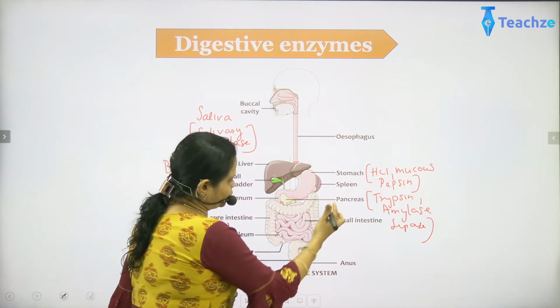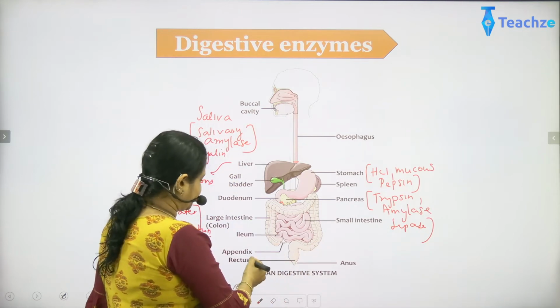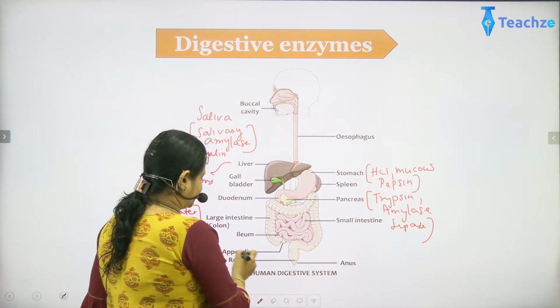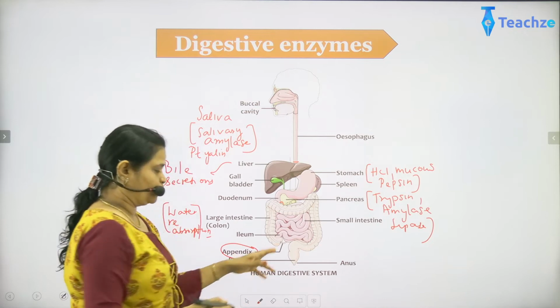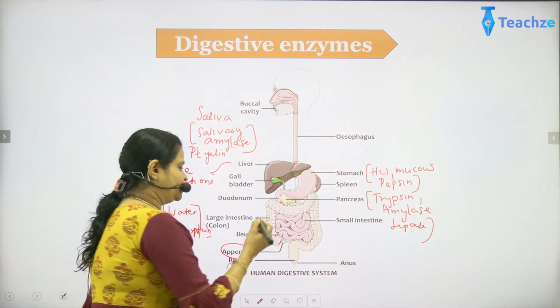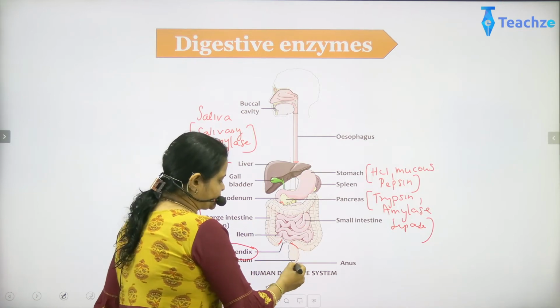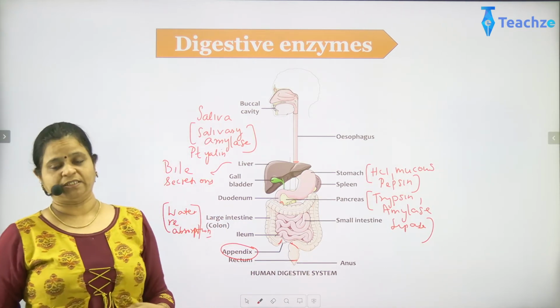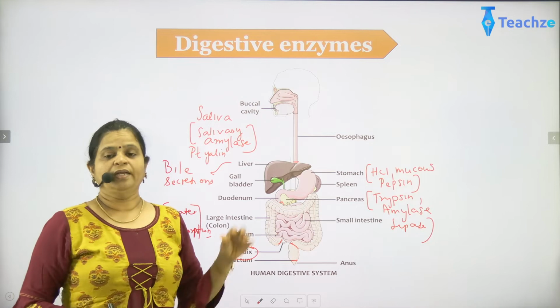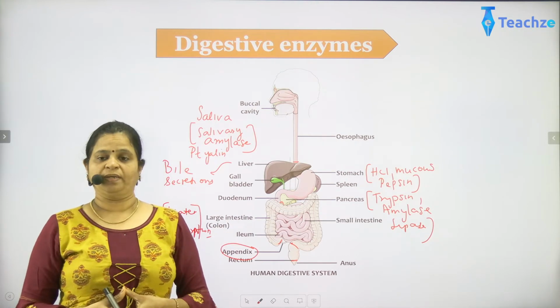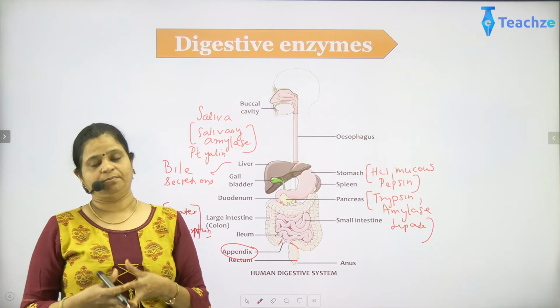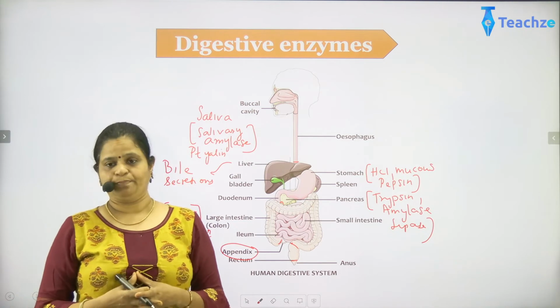Sphincters are also present between the small intestine and the large intestine at the region of the appendix. There is a sphincter here, and then between rectum and anus, and in the anus there are two sphincters to guard that opening. These sphincters are very important because we do not want the digested matter to get back into the same process.